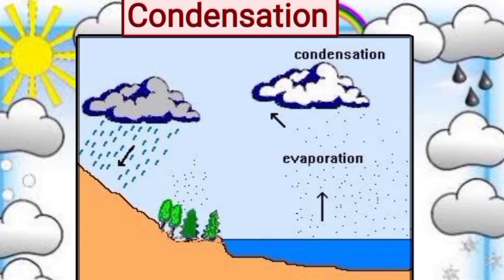Even clouds are formed when water vapor condenses into tiny water droplets. Bigger water droplets fall as rain. And on cold winter mornings we see droplets of water on grass and leaves, and this is called dew. These droplets are formed by the condensation of water vapor in the air.